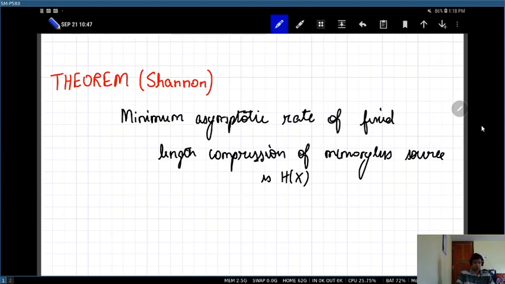It says that the minimum asymptotic rate of any fixed length compression scheme for a memoryless source, that is, for a source which has IID components, is equal to the entropy of the source. Right? So this gives an operational meaning to the entropy of a random variable.